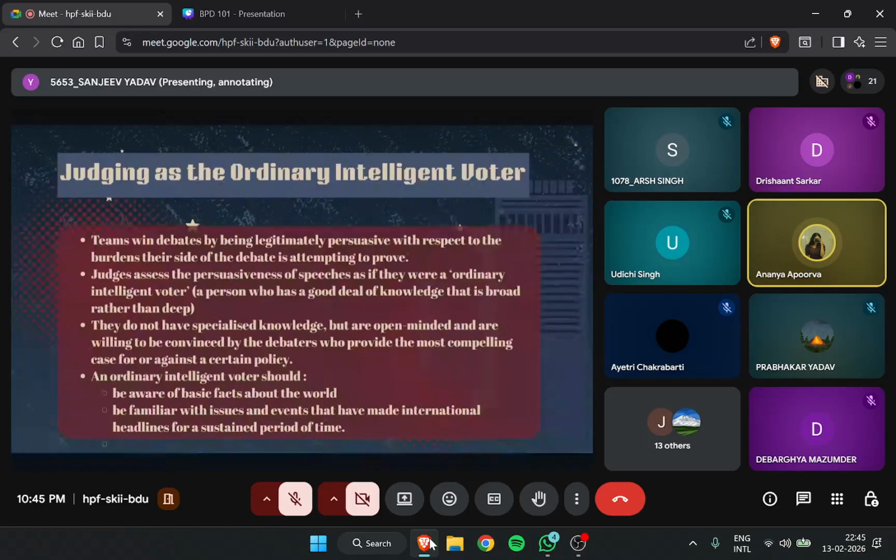If that scientific discovery makes it to international headlines or is very popular, then that average intelligent voter will be aware of the discovery that has happened. However, they're not expected to know all the scientific backing, all the technicalities behind the research. They're only supposed to know that this particular thing has happened.